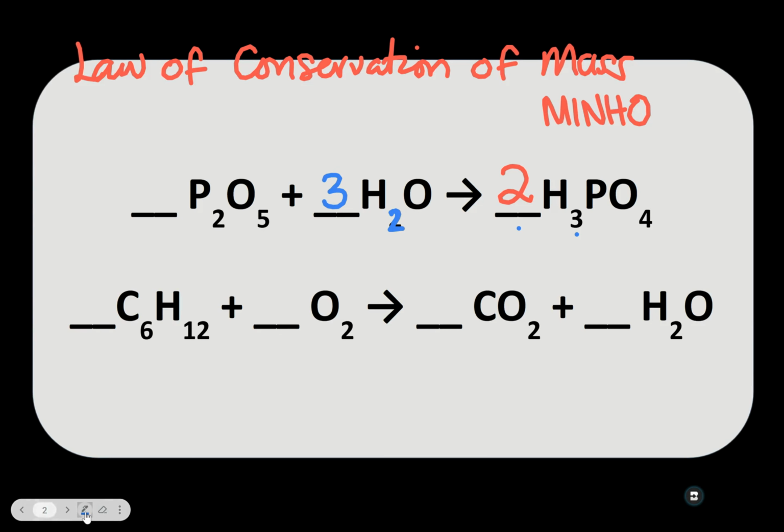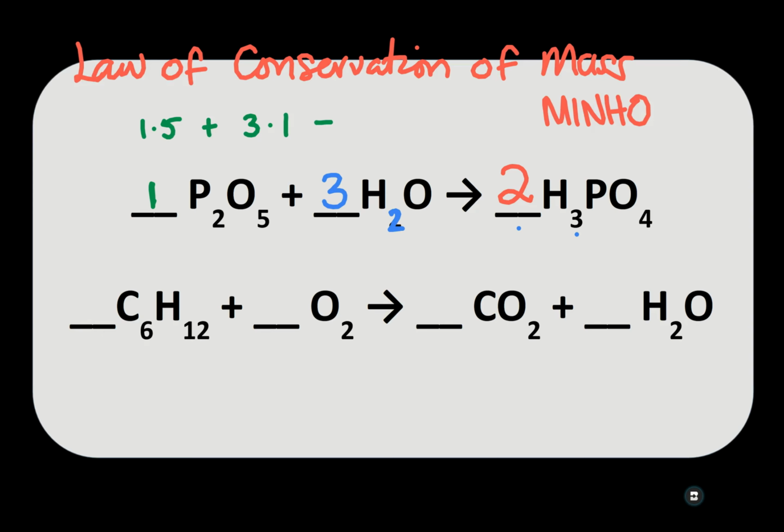All I have left now is just the oxygen. Sorry. So I got to do my math to ensure that I have enough of each. So let's look at our reactant side over here. For now, I will have 1 times 5 oxygens from this reactant plus 3 times 1, because the 3 distributes in.